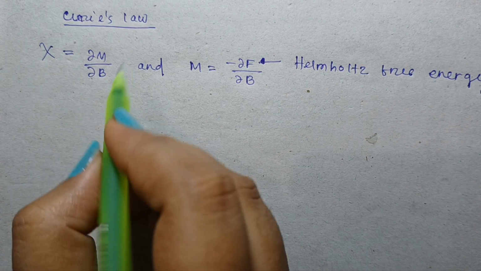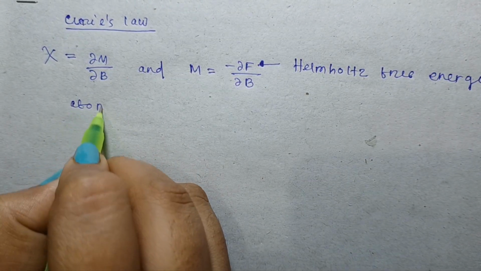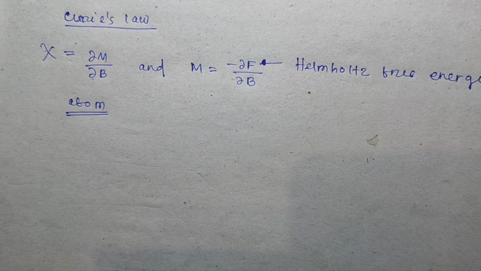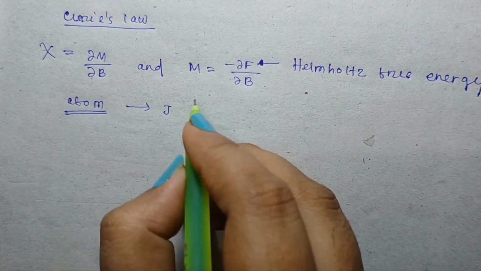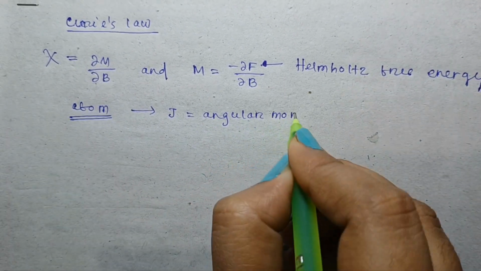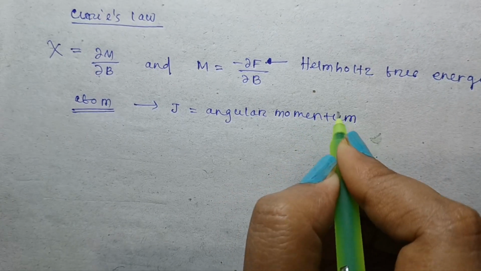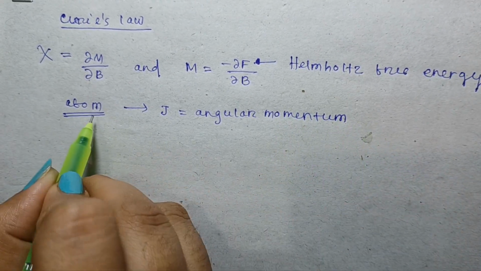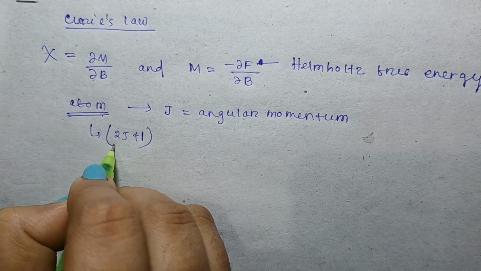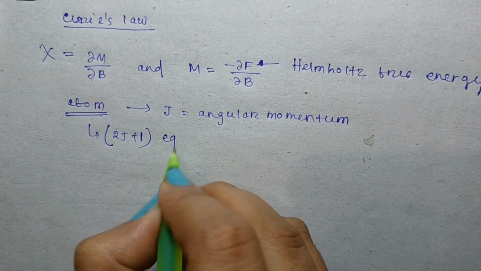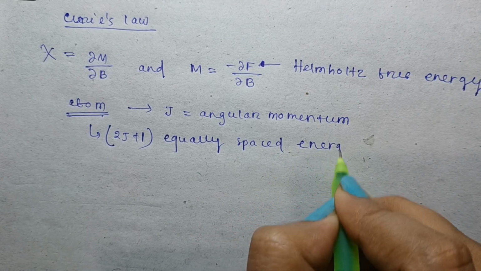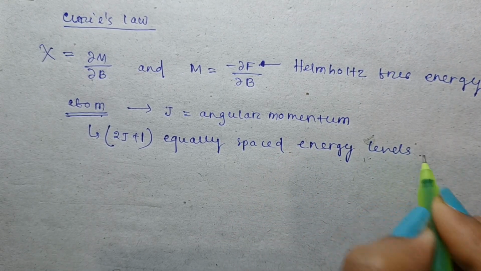When an atom in the presence of a magnetic field, with J the angular momentum, has 2J plus 1 equally spaced energy levels.